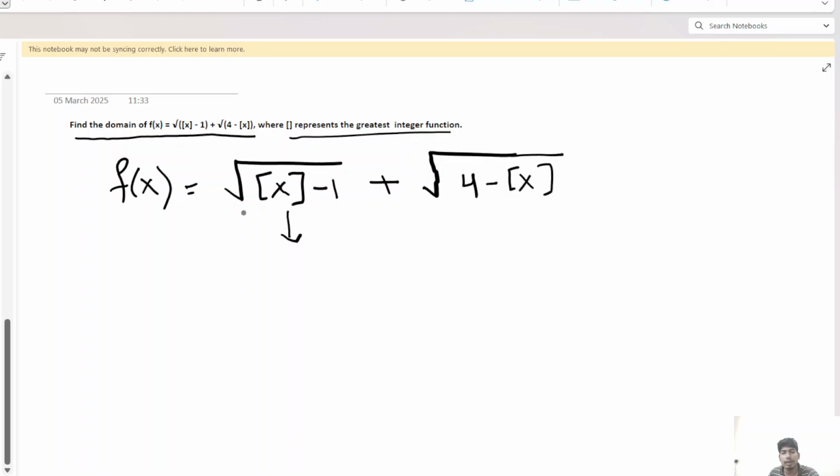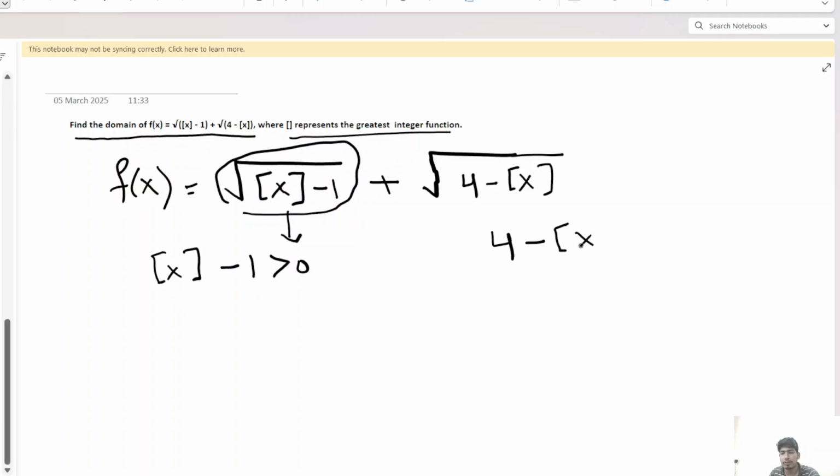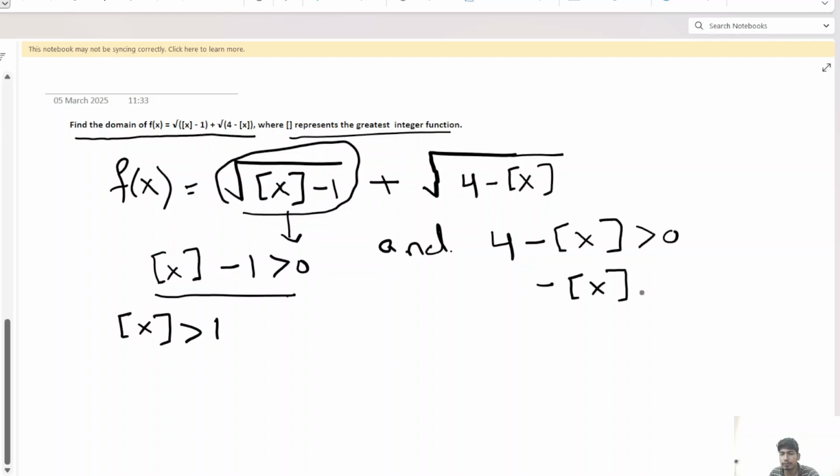We know that under a root the value must be non-negative, so this is greater than or equal to 0 and this is also greater than or equal to 0. Here it is 'and'. This greater than or equal to 0 means the greatest integer function is at least 1, and this means the greatest integer function is less than 4.